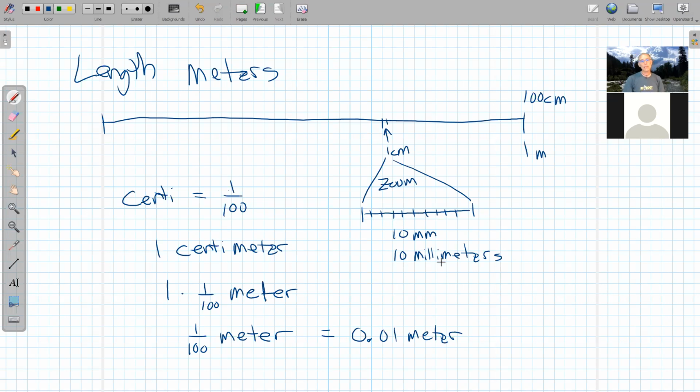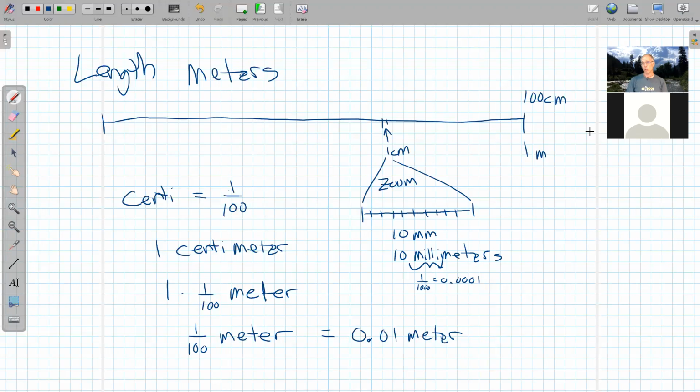And a milli literally means 1,000th of a meter. So milli literally means 1,000th. So the metric system is not really that complicated. It's just a matter of getting used to the different prefixes.